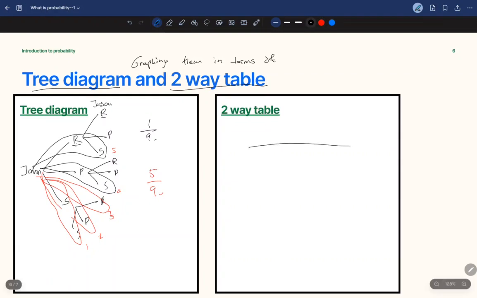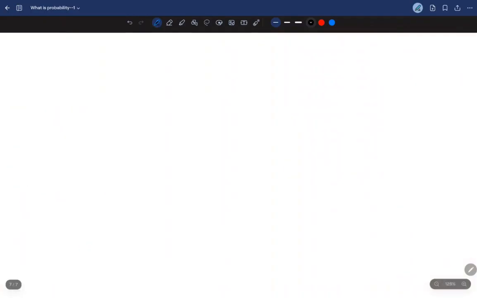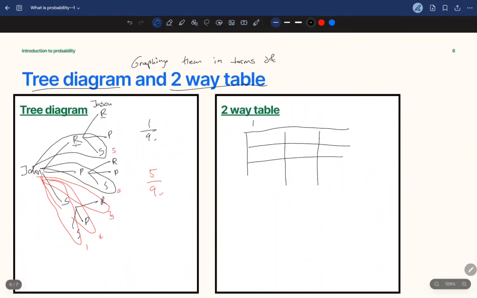The two-way table looks like this. This is rock, this is paper, this is scissor. Rock, paper, scissor, easy.